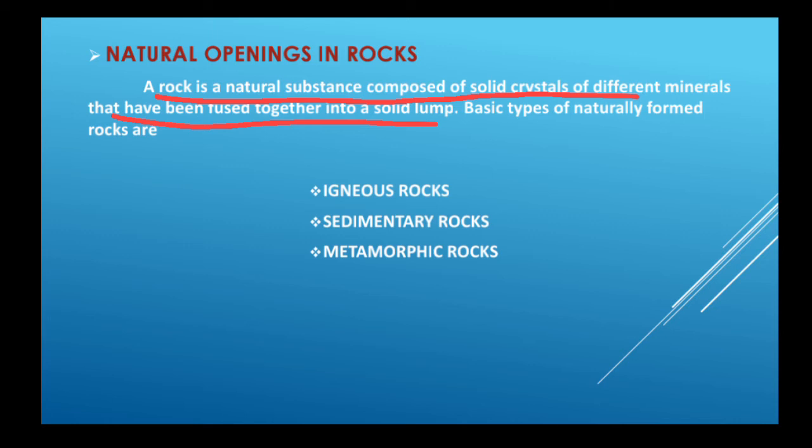That is known as a natural rock. Naturally formed rocks are of three types. First one is igneous rock, second one is sedimentary rock, and third one is metamorphic rock.